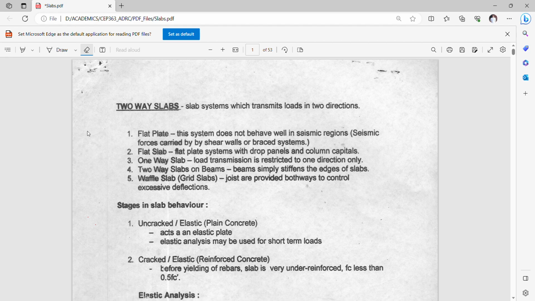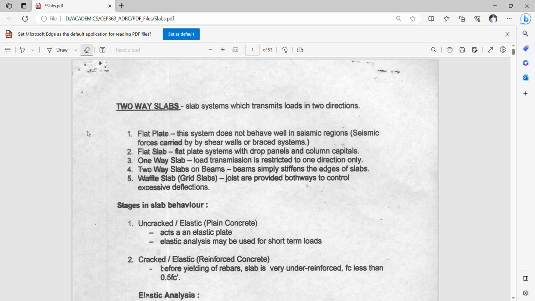Today we'll be discussing some important procedures of the slabs. There are a lot of ways on how to approach the slab analysis, and we'll be talking about each and every methodology as we go along the discussion.